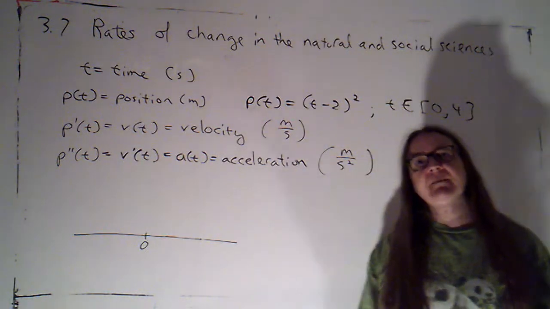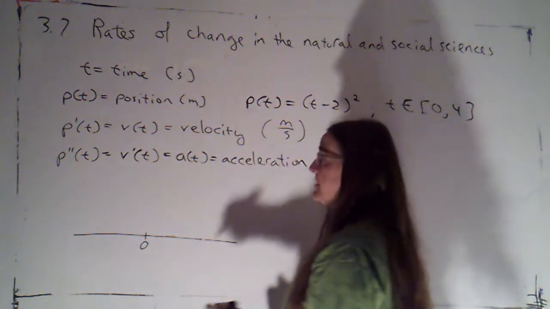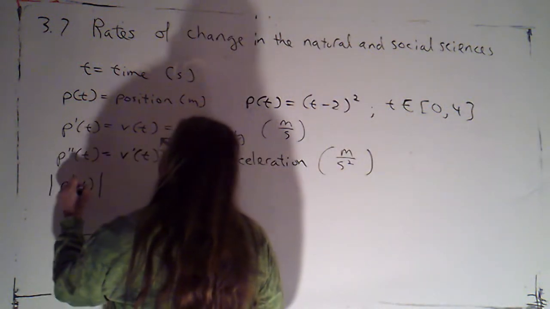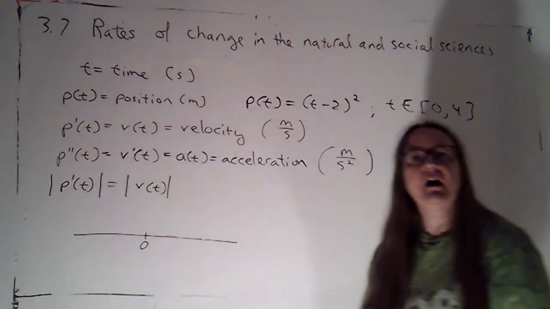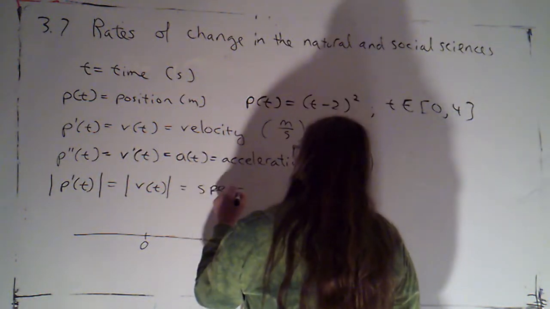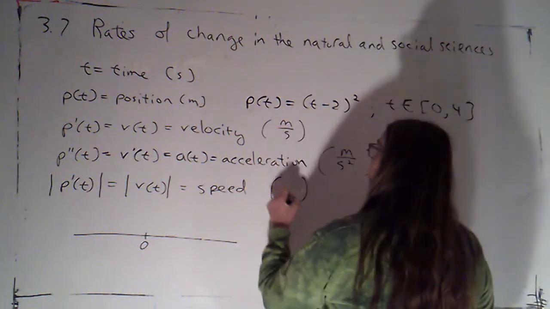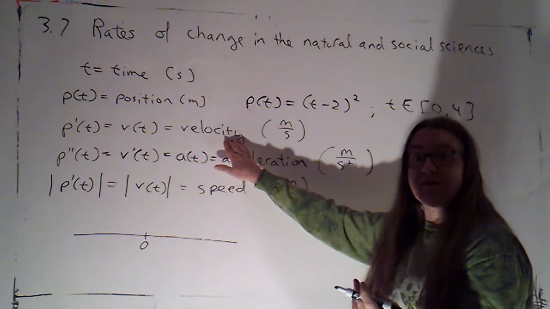The other one that we're going to be taking a look at in this section is not actually the third derivative, but is the absolute value of the first derivative, or the absolute value of the velocity. And that would be the speed of the particle. Now, the units for speed are the same as the units for velocity. The difference is that velocity is a signed quantity.